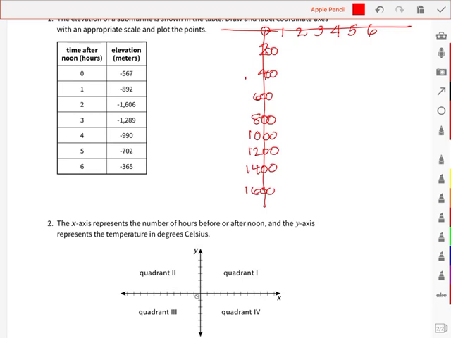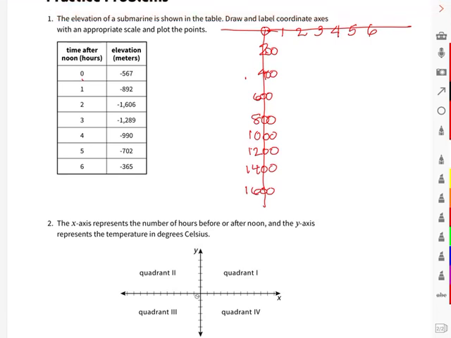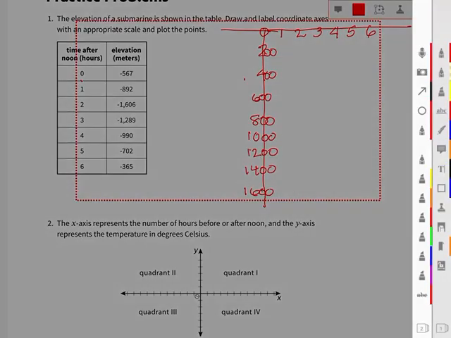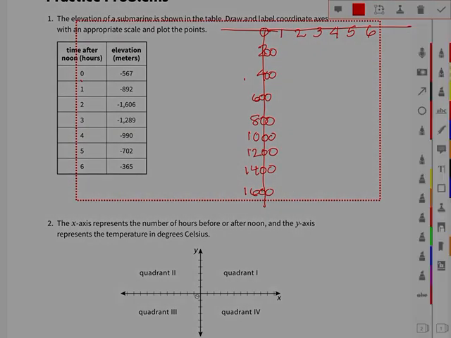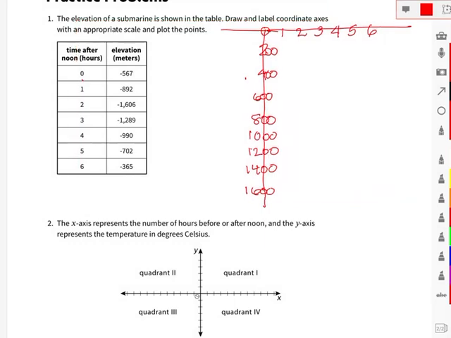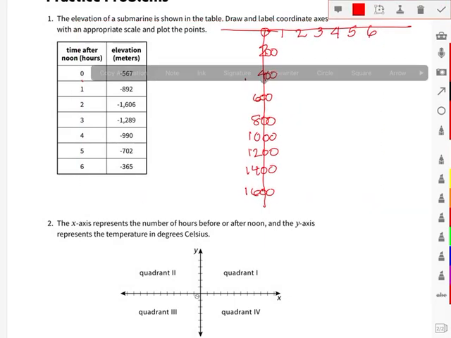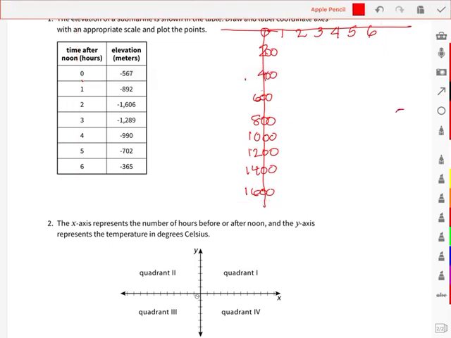So these are our coordinate pairs, so 0 and negative 567. So we'd be at 0, negative 567 would be about here. Right about there.